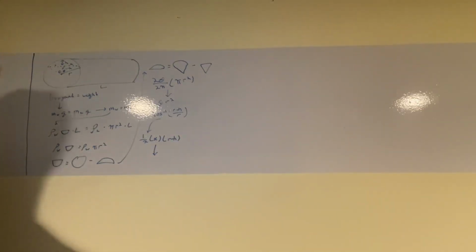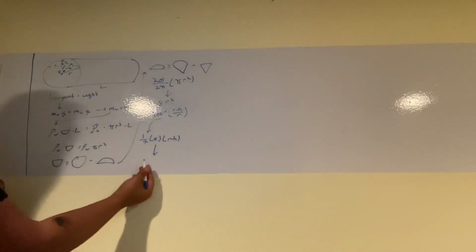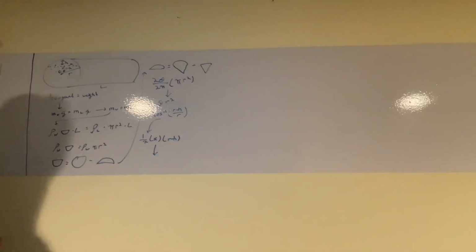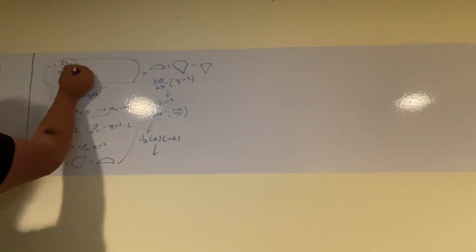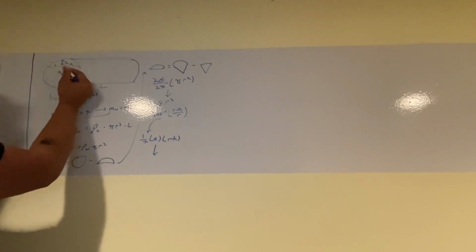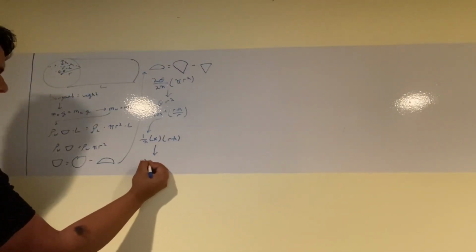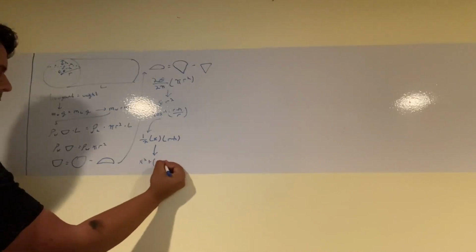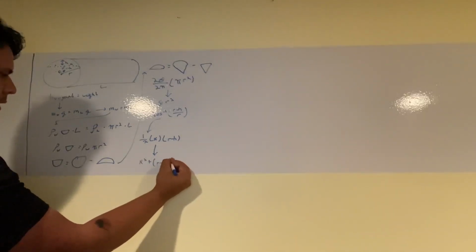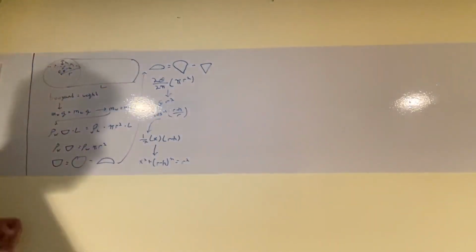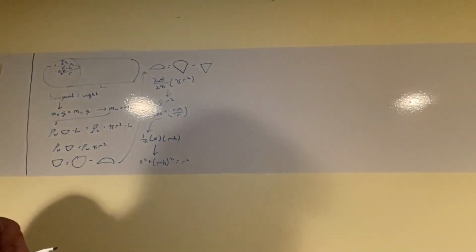In order to solve for x, we can just use the Pythagorean theorem, which is a squared plus b squared equals c squared. We know that this side is x, this side is r minus h, and this side is just r. So it's going to be x squared plus r minus h squared is equal to r squared. All right, I'm going to clean up the board and I'll be right back.